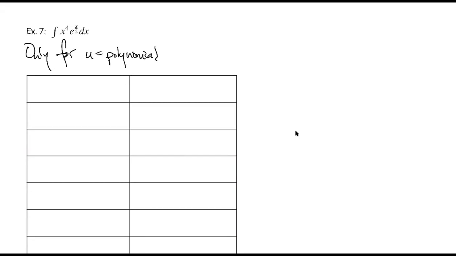When the u is the polynomial, we can use something called tabular integration. What we're gonna do is set up 2 different columns. One column is for our u, the other column is for our dv.